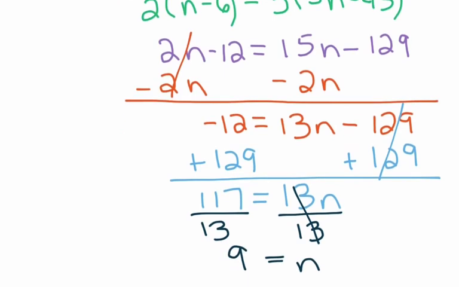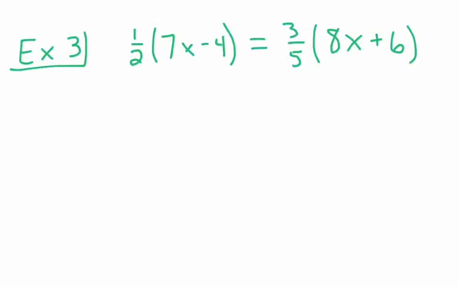So let's take a look at a couple more examples. We're probably not going to run through the entire example for the next few, just showing how we can eliminate the fractions or the decimals. Our next example, we have 1/2 times the quantity 7x minus 4 is equal to 3/5 times the quantity 8x plus 6.